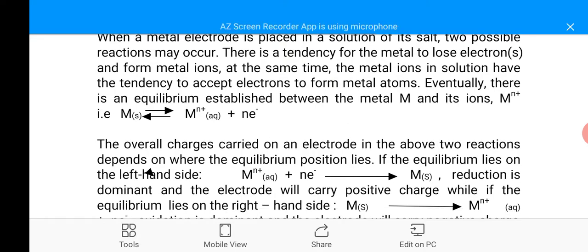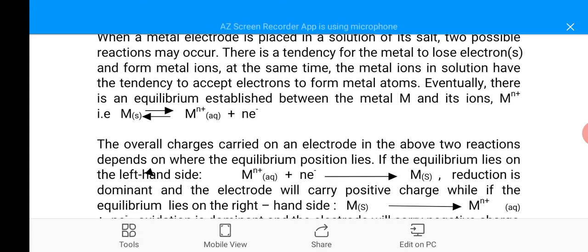Equilibrium can exist whereby you can also have the ion gaining electrons. When the ion gains electrons, it can be deposited in the form of metal. Now, the overall charge carried on an electrode in the above two reactions depends on where the equilibrium position lies. That means the equilibrium position can move forward or backwards.